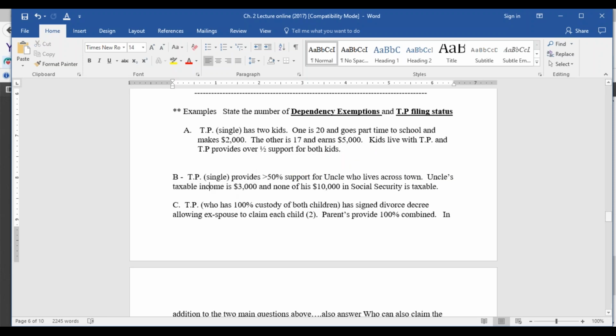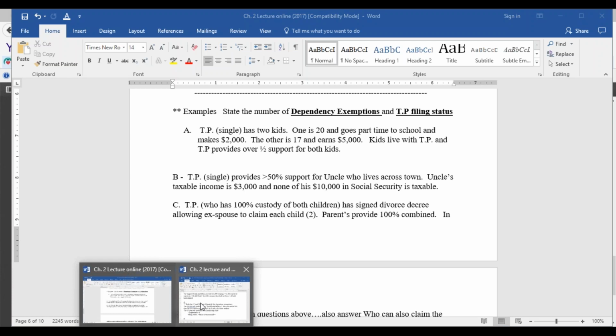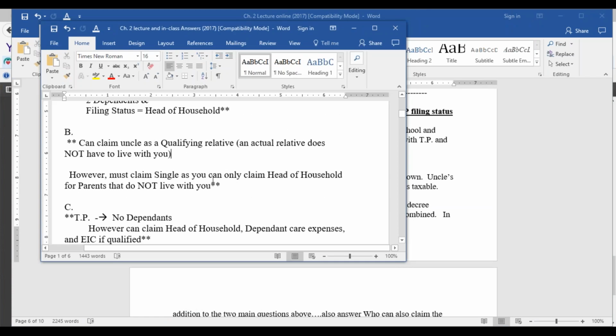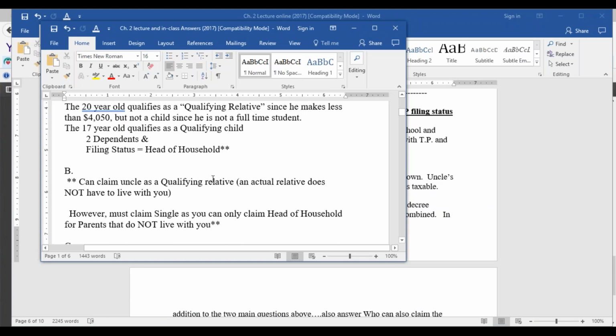However, they do not meet the guidelines for head of household. For head of household, the individual has to actually live in the household with you, with the only exception being a parent. Uncle does not qualify. So the individual would have to claim single, even though they get to claim the uncle as a dependent.